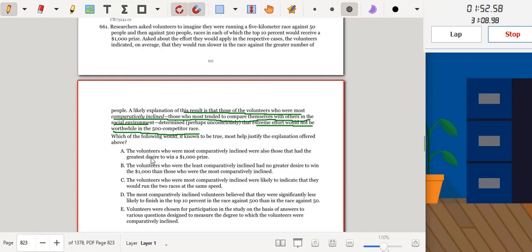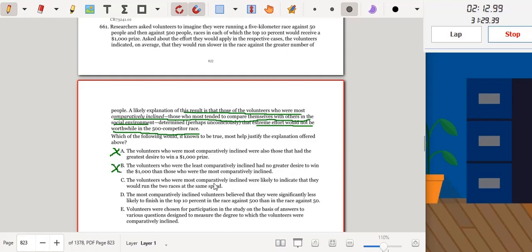Okay, the volunteers who were most comparatively inclined were also those that had the greatest desire to win. No, not helping. The volunteers who were the least comparatively inclined had no greater desire to win. No, this is nothing about the desire.